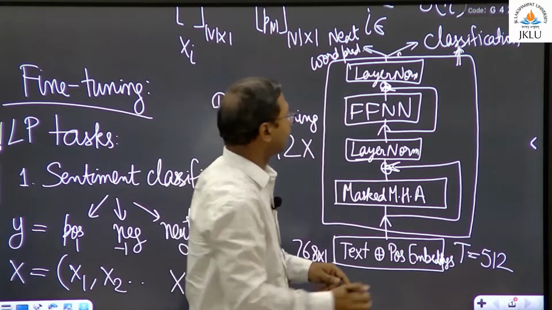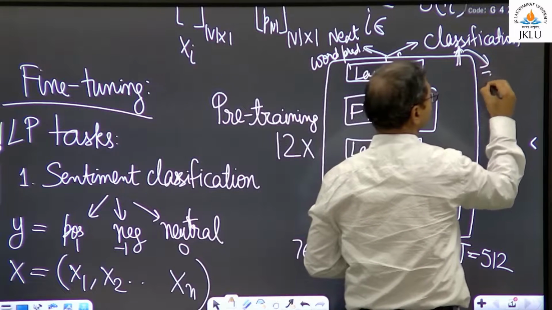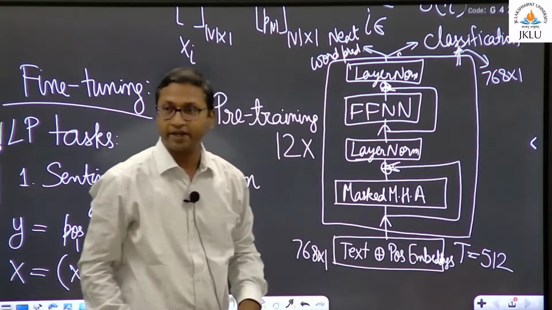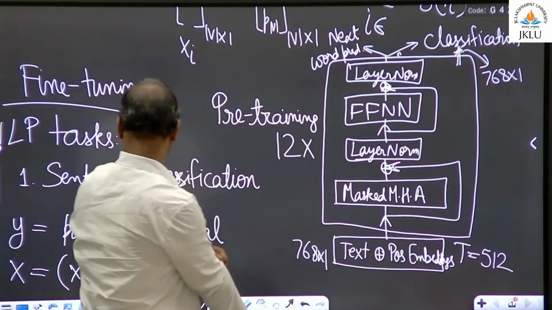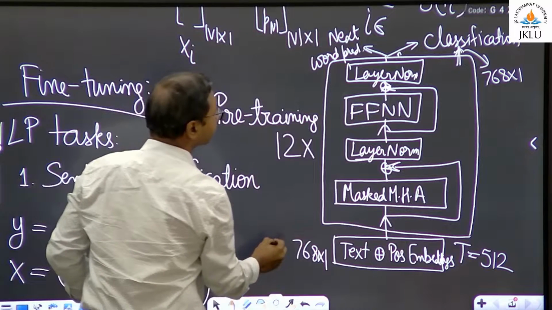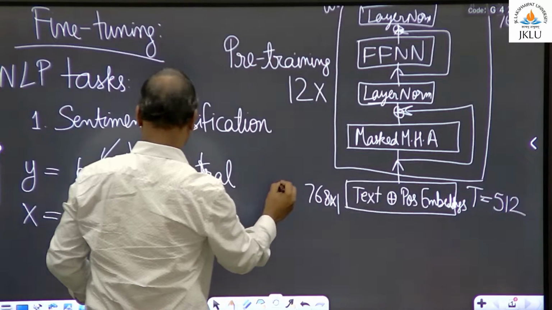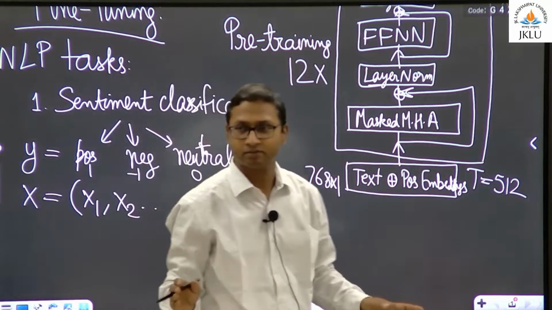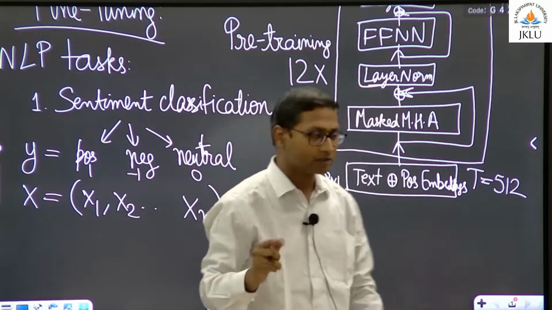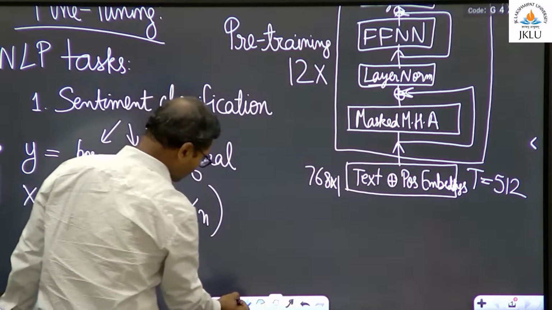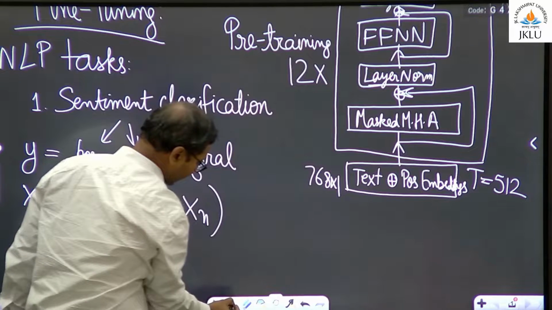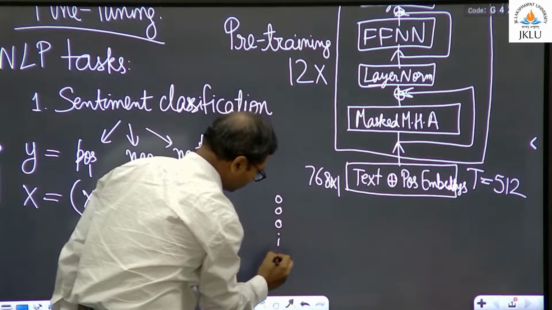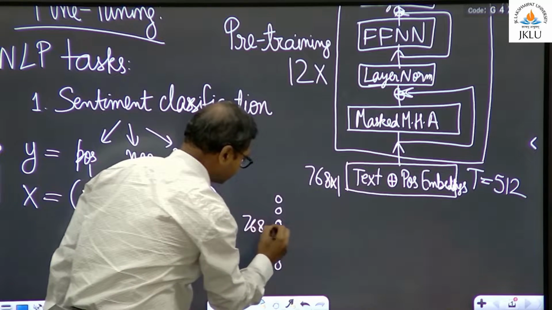So what is the dimension of this guy? 768 cross 1. So how do I classify? This is easy. What you are supposed to do is, how should my network up there now look like? This is 768.